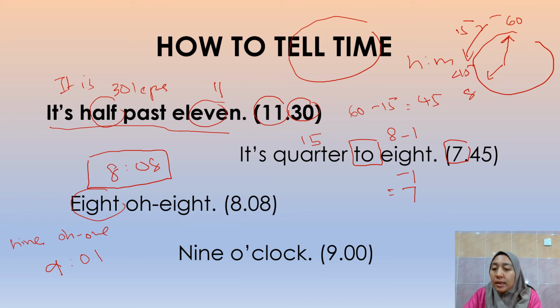Okay, another structure is 9 o'clock. Nampak je, if you see the word o'clock here, or nampak je perkataan o'clock, means kosong-kosong lah. So 9 o'clock. 9 double dot colon 00. Ni simple. Okay, so this is how you tell time, how you read time.